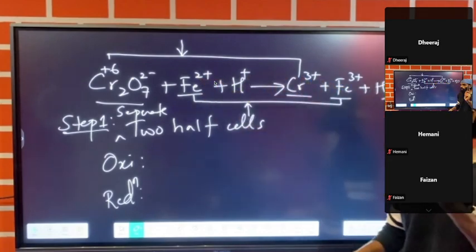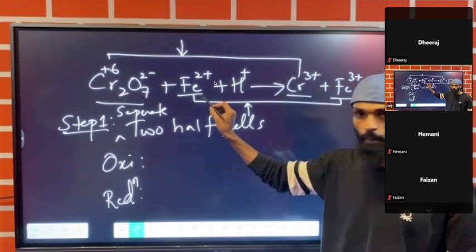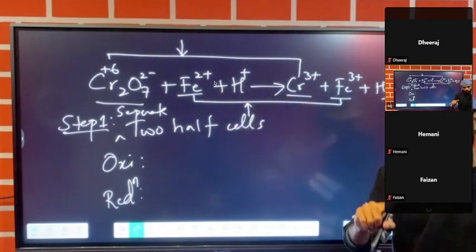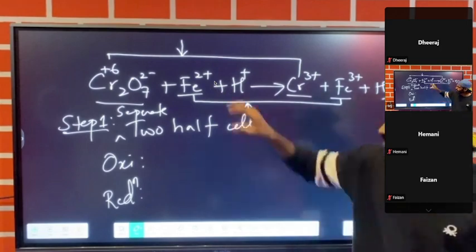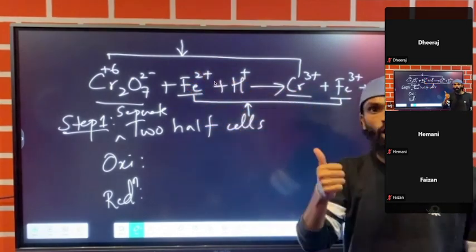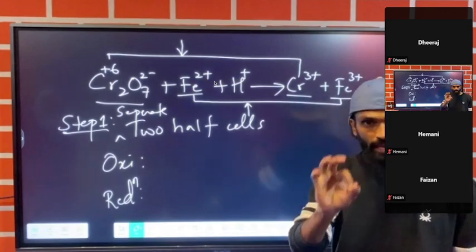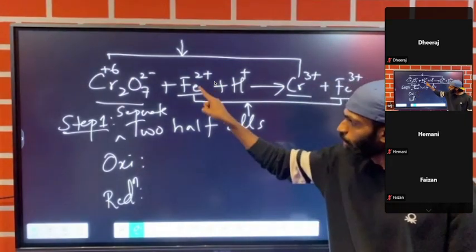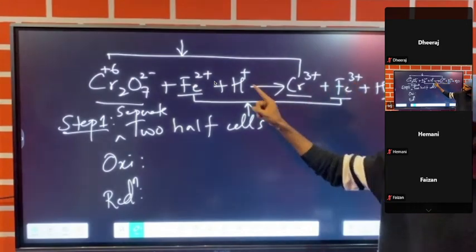What not to do: you should not compare Fe2 plus with Cr3 plus. Why? They are not the same. Fe should be compared only with Fe. So Fe2 plus compared with Fe3 plus is increasing. If the oxidation number is increasing, then it is always the oxidation half. I'll repeat that. If the oxidation number is increasing, it is always the oxidation half.